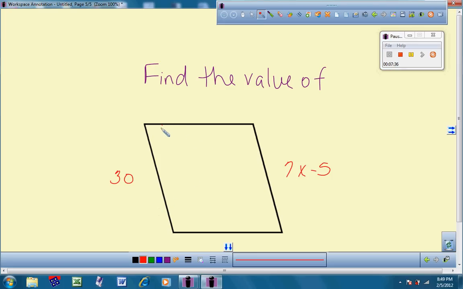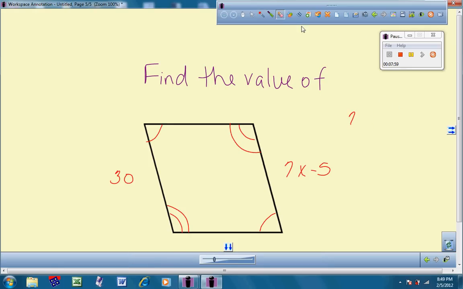In our diagram, we're going to say that opposite angles are congruent. When opposite angles are congruent, then we also know that opposite sides are going to be congruent. So we can go ahead and take our expressions and set them equal to each other.